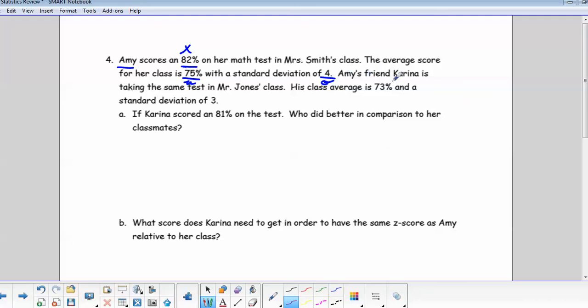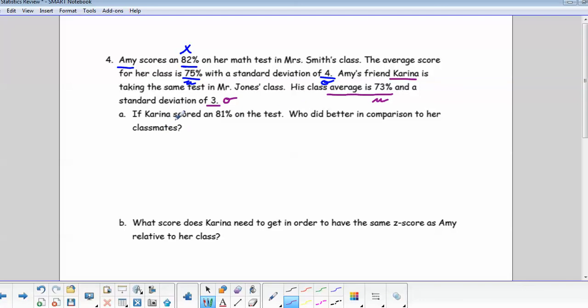Amy's friend Karina is taking the same test in Mr. Jones' class. Karina has an average of 73. That would be the mean. And a standard deviation of 3. That's the standard deviation. So the question is, who did better in comparison to her classmates?